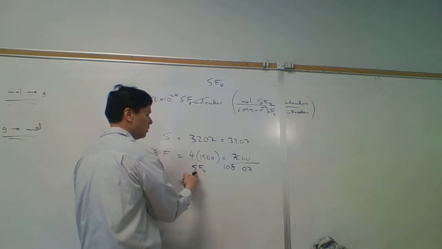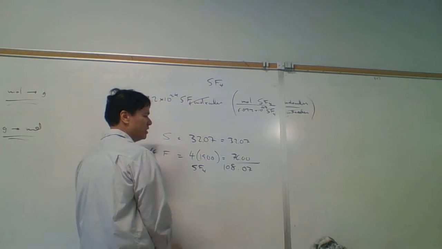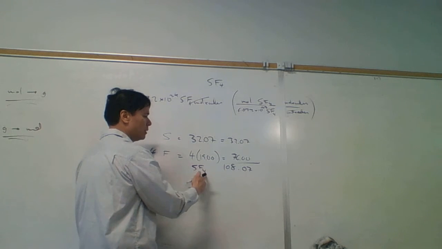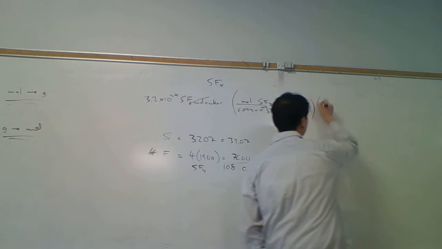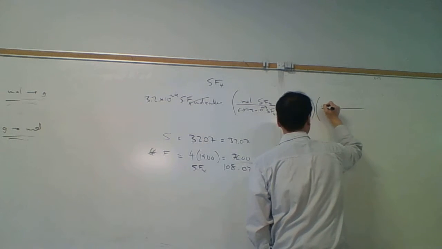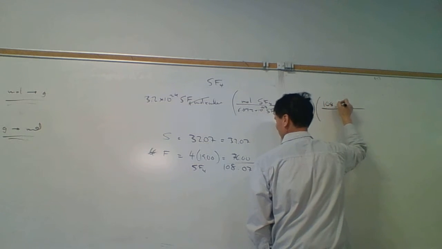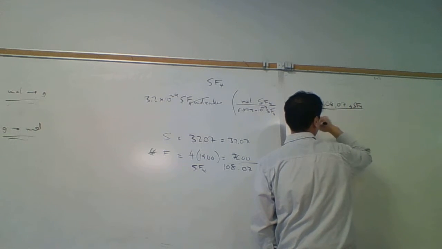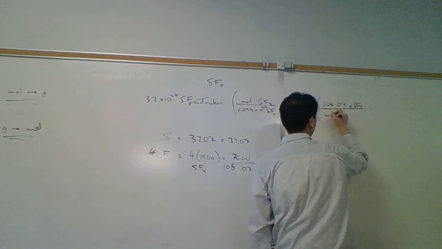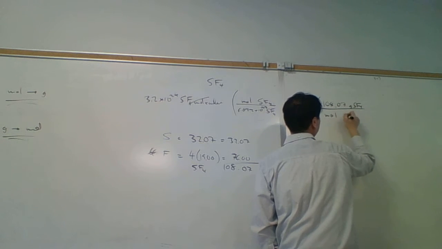So there are two ways of reading this mass. A single molecule of SF4 weighs 108.07 u, whereas a mole of these molecules is going to be weighing 108.07 grams. Well, we're dealing with mole quantity, so we're going to get 108.07 grams of SF4 molecules for every mole of SF4 molecules. So typically it's written like this.